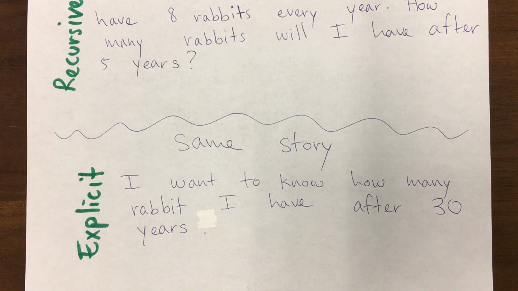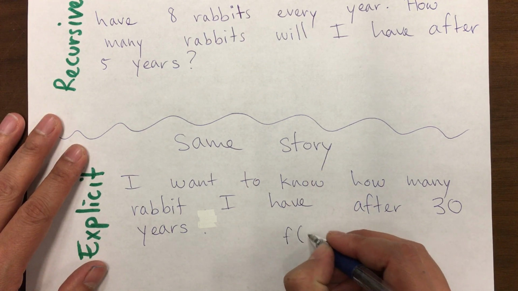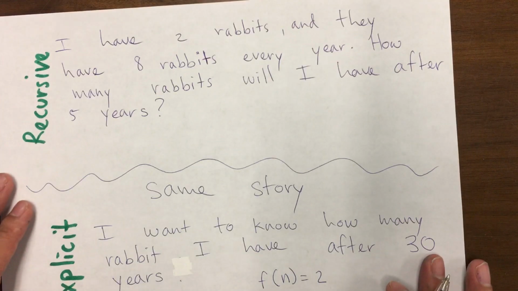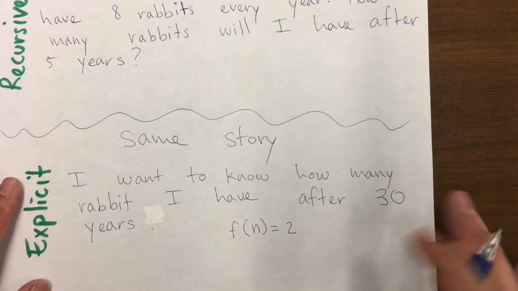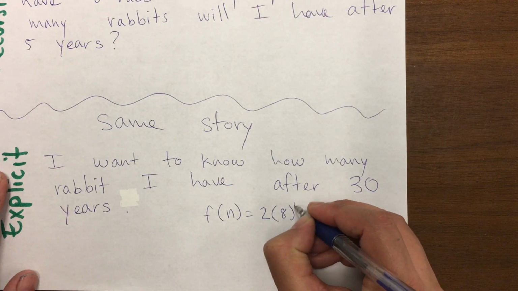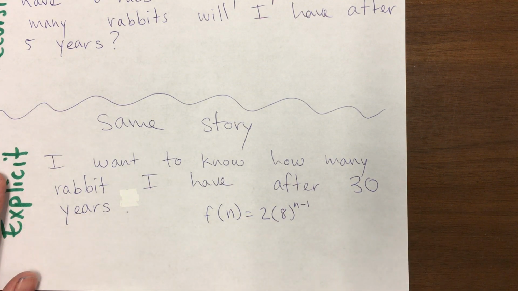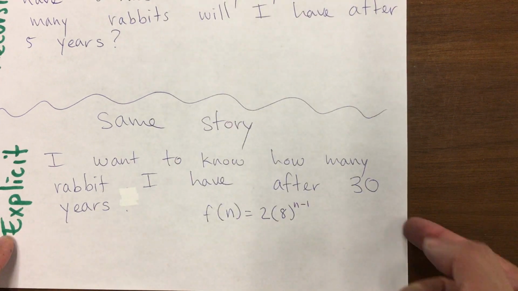Okay, maybe I should write that one in here because that's kind of f of n is equal to the initial point, which is up there, times 8 to the n minus 1, meaning to the 30 minus 1, meaning to the 29th power. Okay, and definitely for this one you will need the calculator.